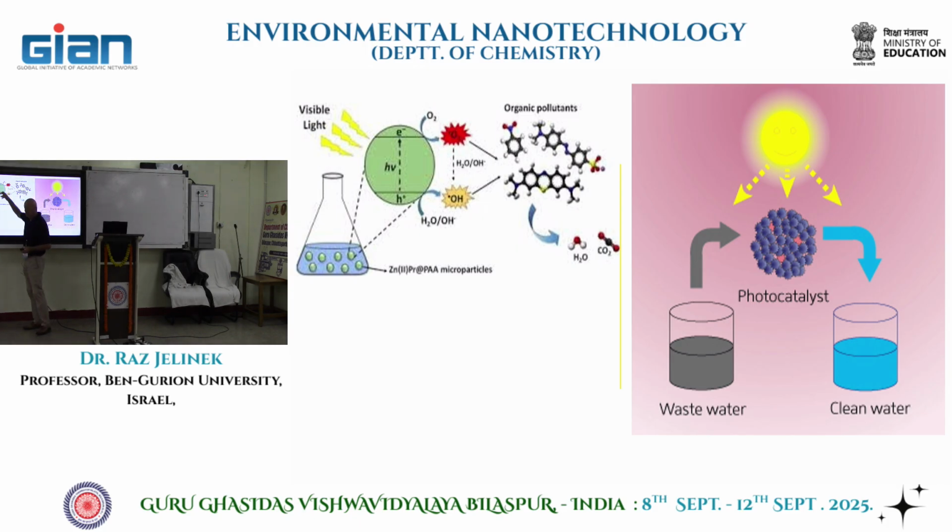What the light is doing is, when we have organic pollutants, the electrons that we generate with light, they will go and break the organic pollutants.